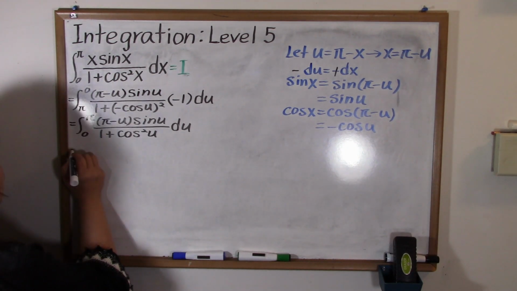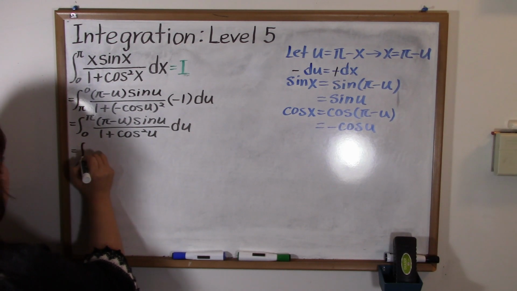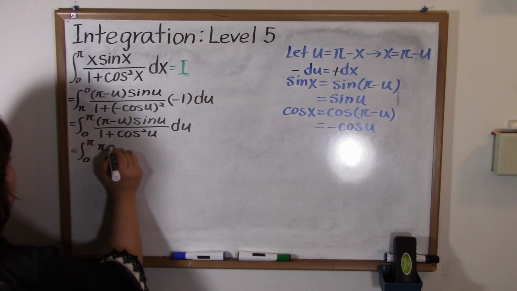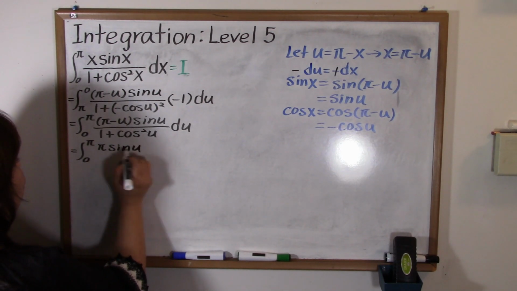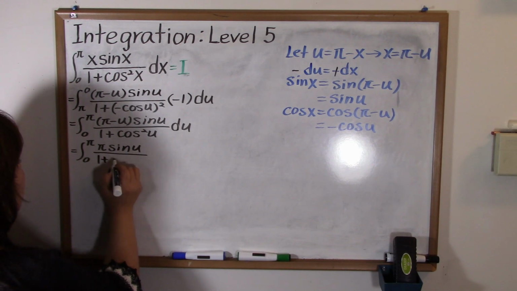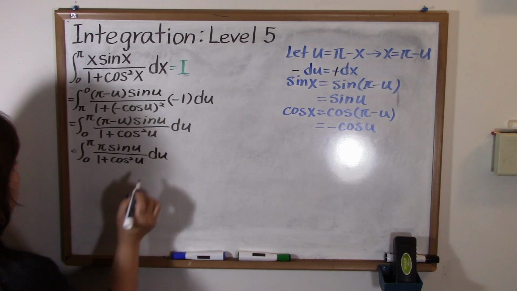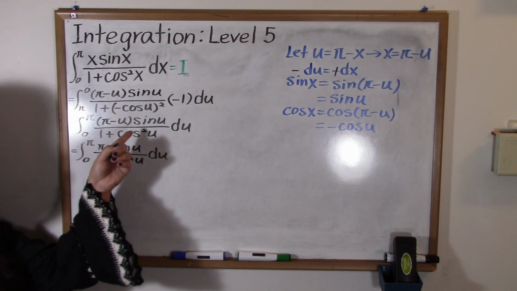So let's do is equal to integral from 0 to pi and pi times sine of u all over 1 plus cosine squared of u du. And next, negative u times sine of u.